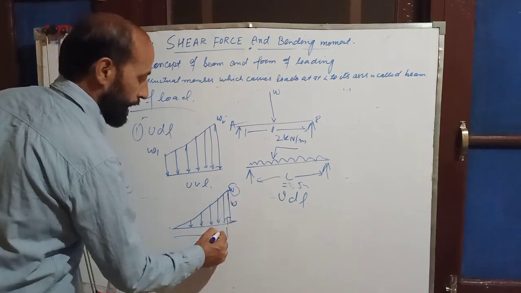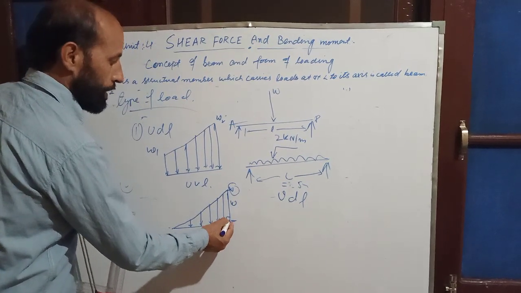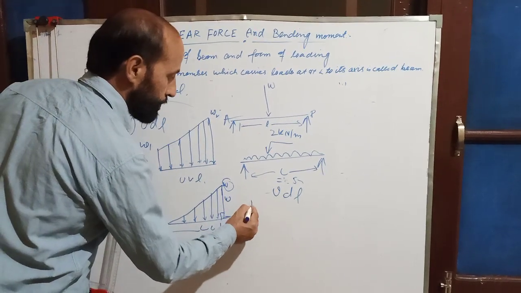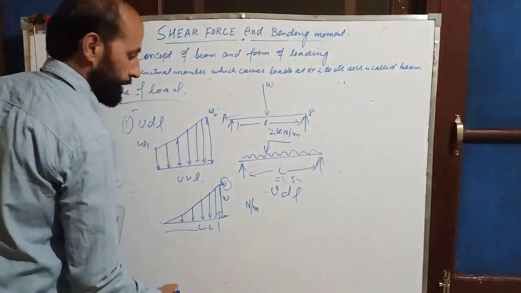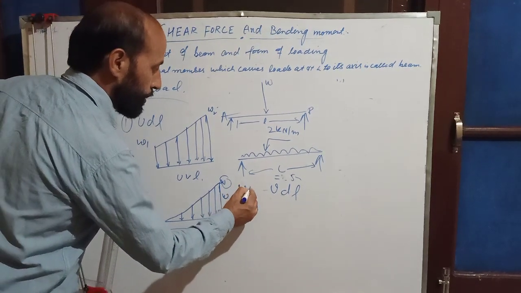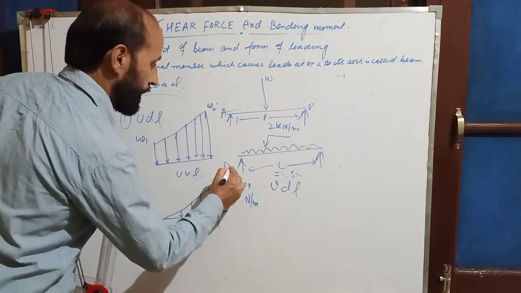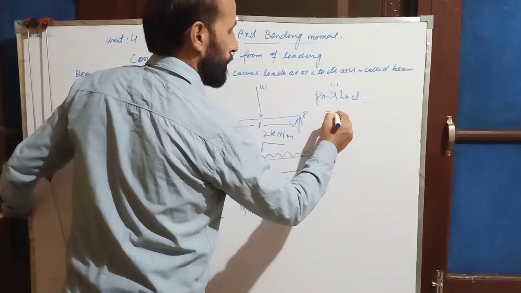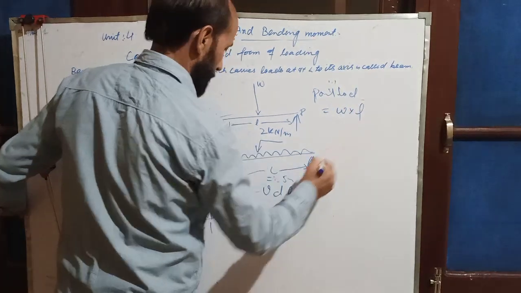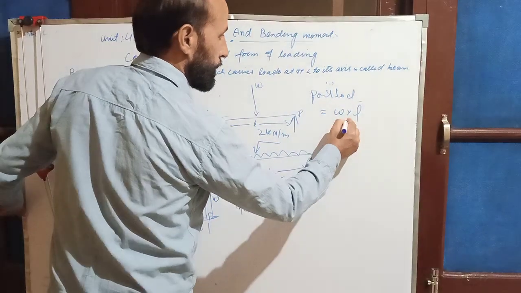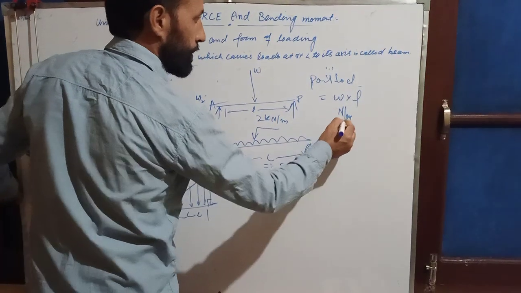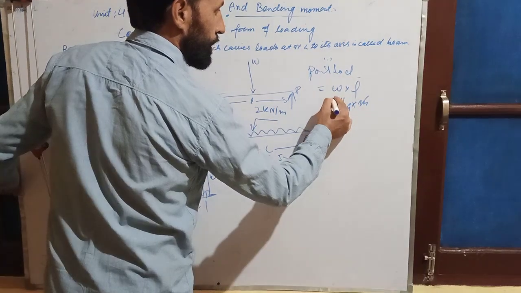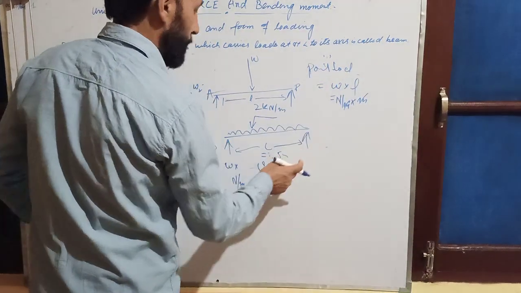Here it is W and it is L. W is load, its unit is Newton per meter. The point load is equivalent to W into L. W is Newton per meter and L is the length in meter. Meter cancels, so there is only Newton. Newton will be the point load.